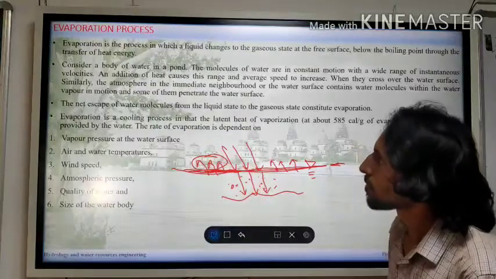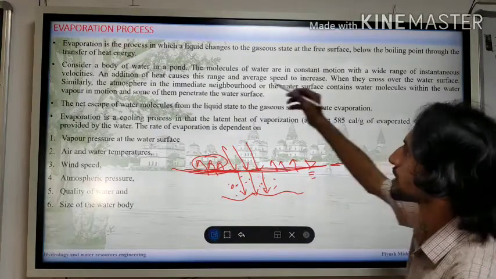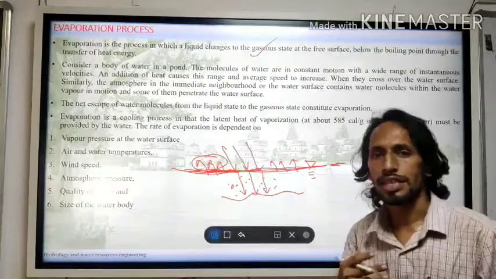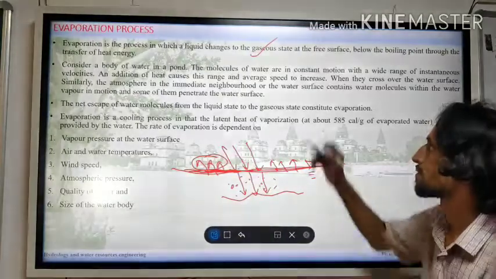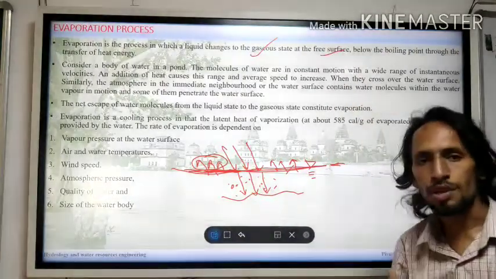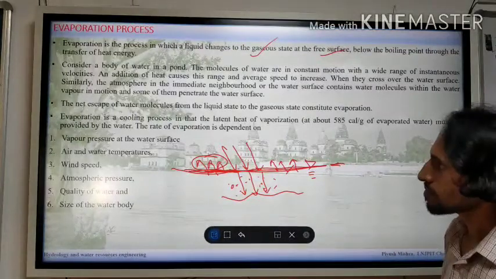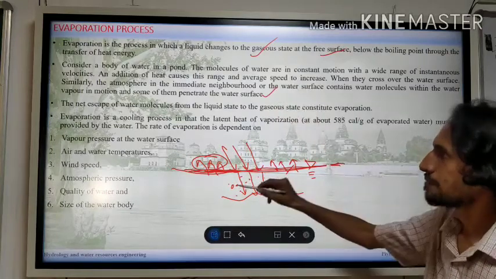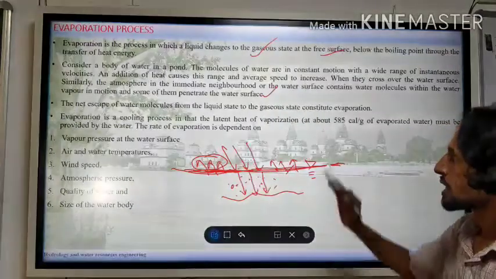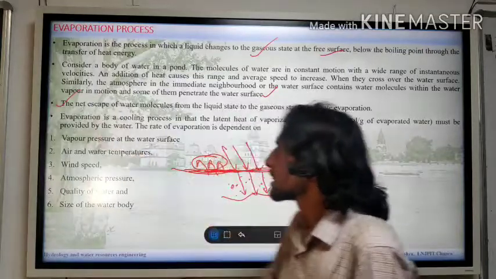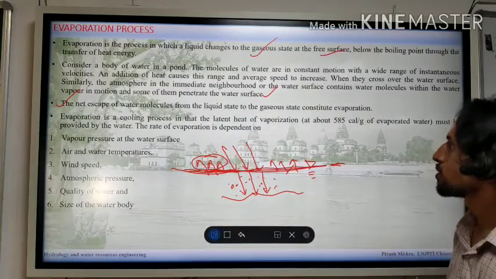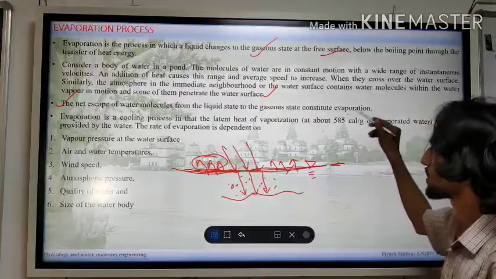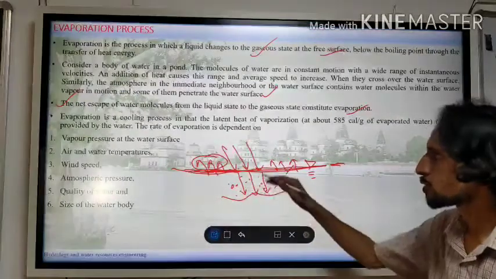So this is the same thing I was talking about, that water converts into gas from the free surface of the water. Another thing I have already explained. Now, what is the third point? That the net escape of water molecules from the liquid is basically evaporation. This also I have included here.